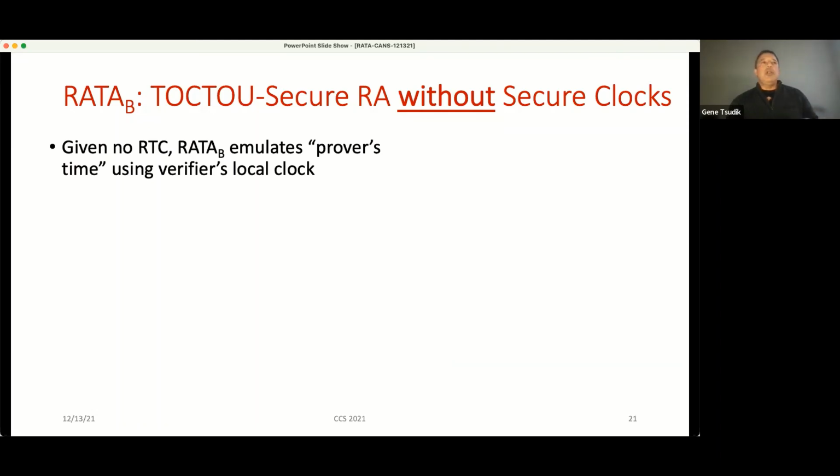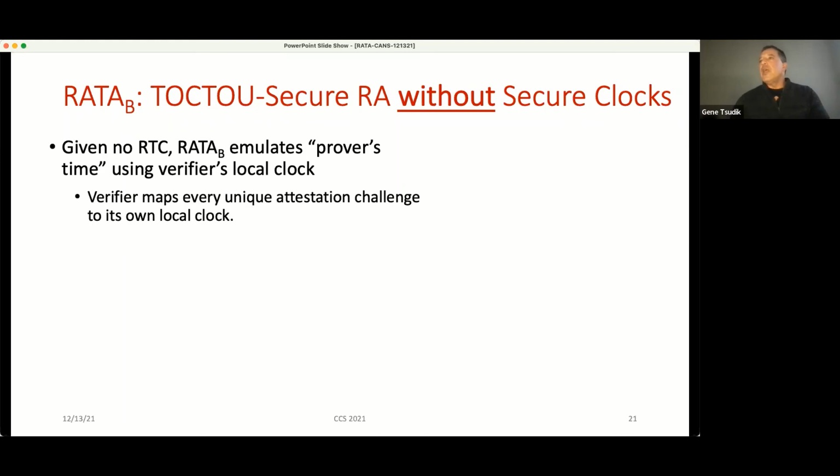Here is the main trick, or the main observation. Without a reliable clock reading, what RATA B does is emulate having a clock by using the clock from the verifier. Remember, the verifier is a trusted, remote party, and at some point it will query the prover to see whether the prover is in a good state.